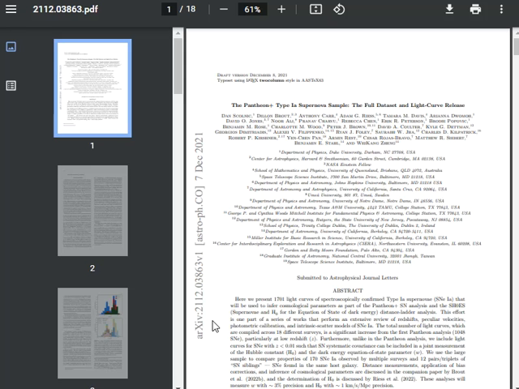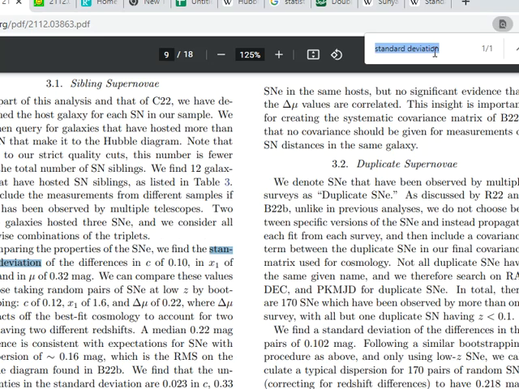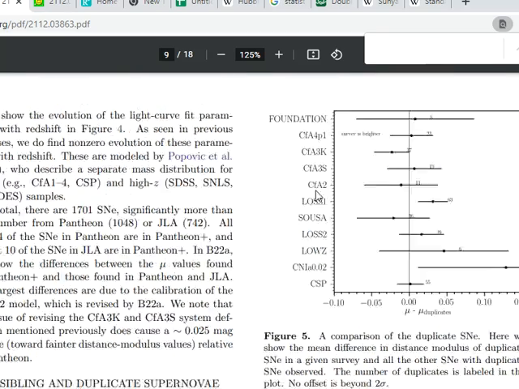Good news, the article is not behind a paywall, so I'm actually able to look at it. First of all, searching the article for standard error produces 0 results. Also, searching the article for standard deviation also produces 0 results.